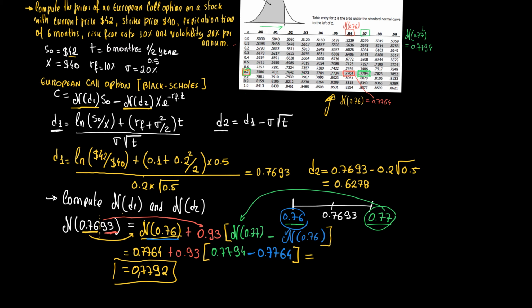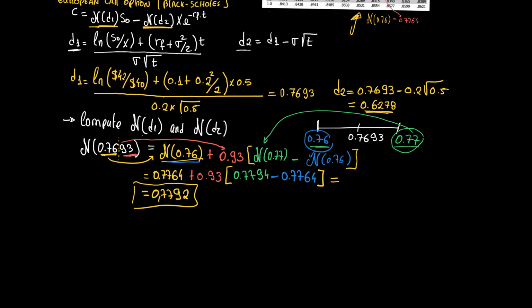Now I need to do exactly the same thing, but for the value of D2, for this value here. So again, how do we do it? It's exactly the same thing. I want to do the normal distribution of 0.6278.